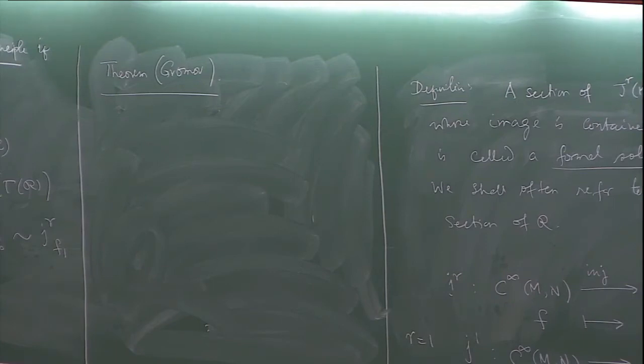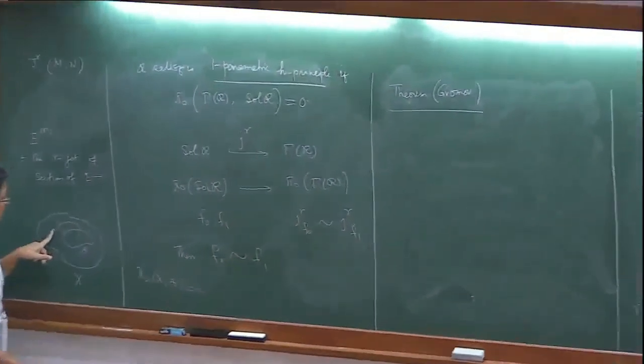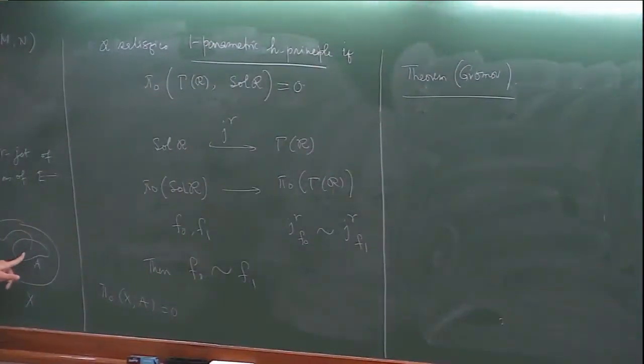So suppose this is x, this is A, pi 0 (X, A) equals 0. So given a point here, you would be able to join it by a path, right? What is pi 0 (M, N)?